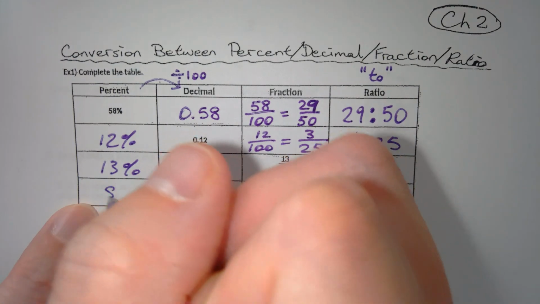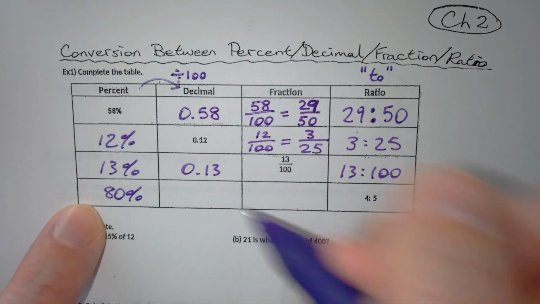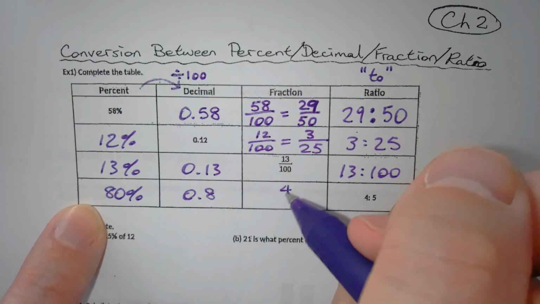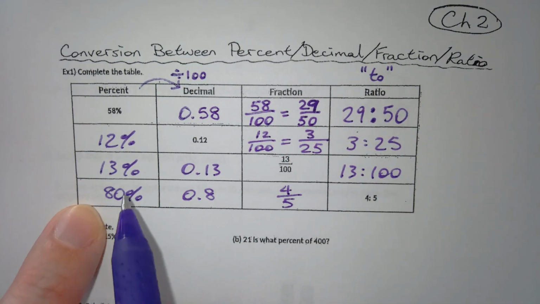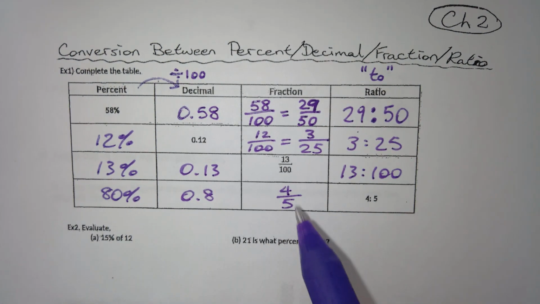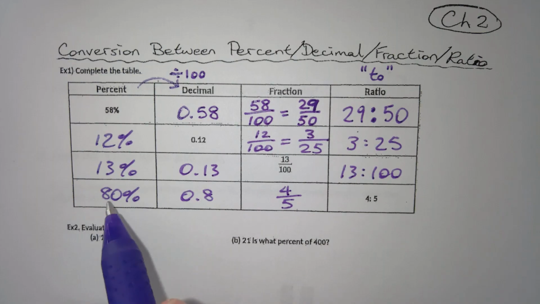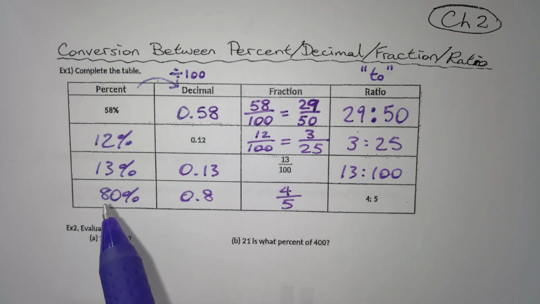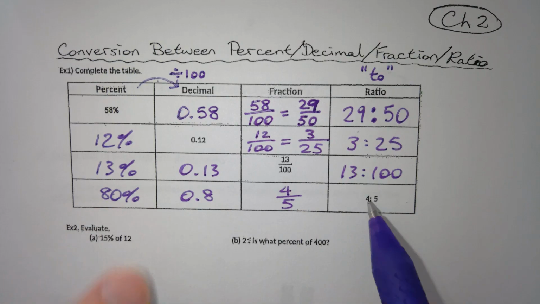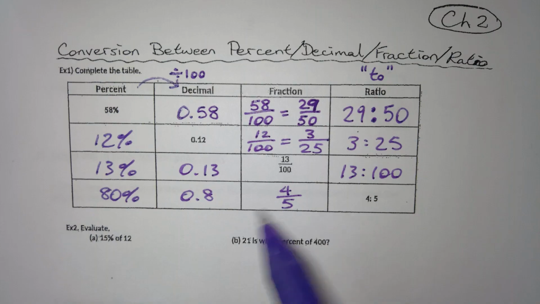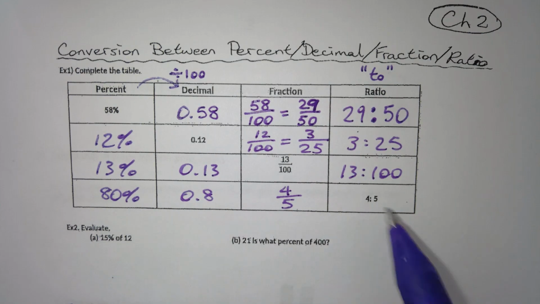Good. 0.8. Right. So you don't have to do it from left to right. 4 to 5, you can write it as 4 over 5. And then when you divide it, you'll see that you get the 0.8, which gives you the 80%. So it's easier if you do the ratio to fraction to decimal to percent in this case.